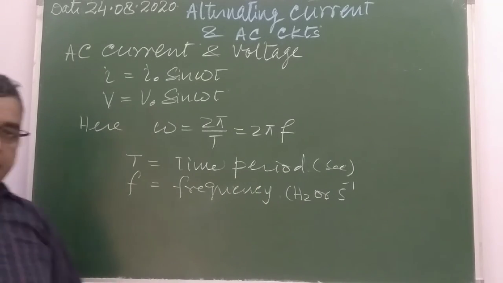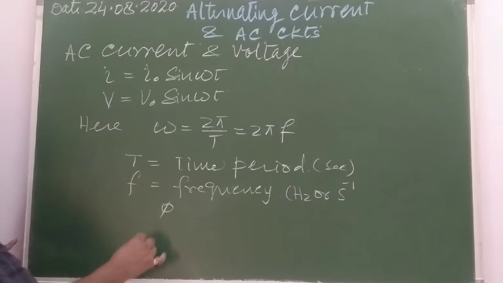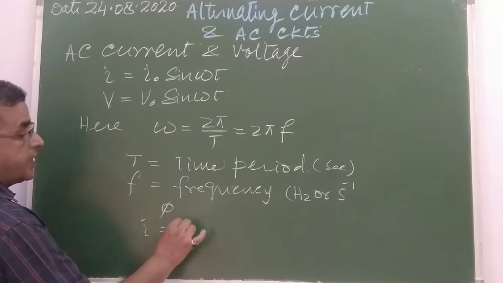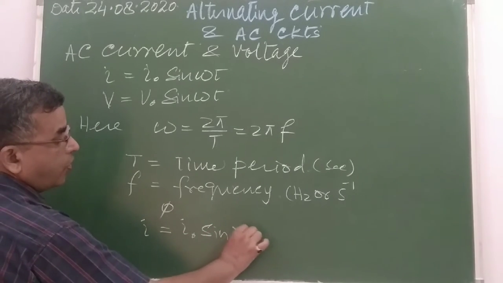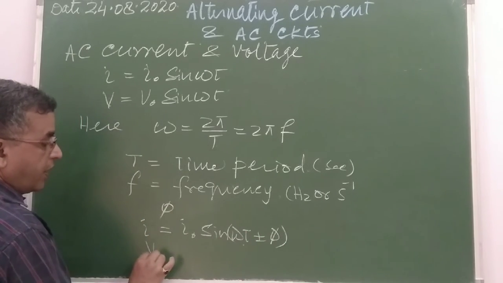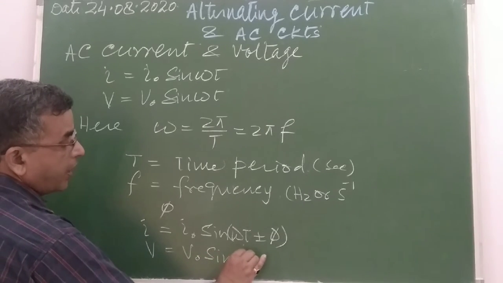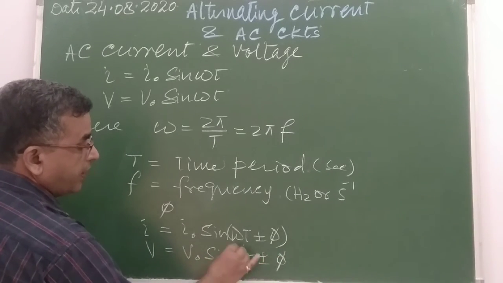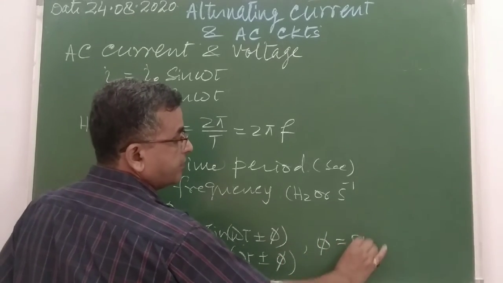And we define the phase, represented by phi. If the current or voltage has an initial phase, it is expressed as I equals I0 sin(omega t plus or minus phi), or V equals V0 sin(omega t plus or minus phi), where phi is the phase difference.